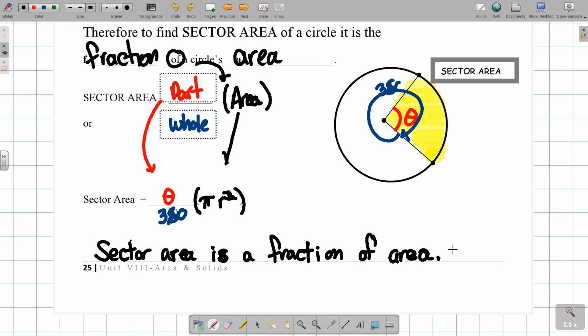Sector area is a fraction of the area. A fraction of the area. Let's put these two equations to work.